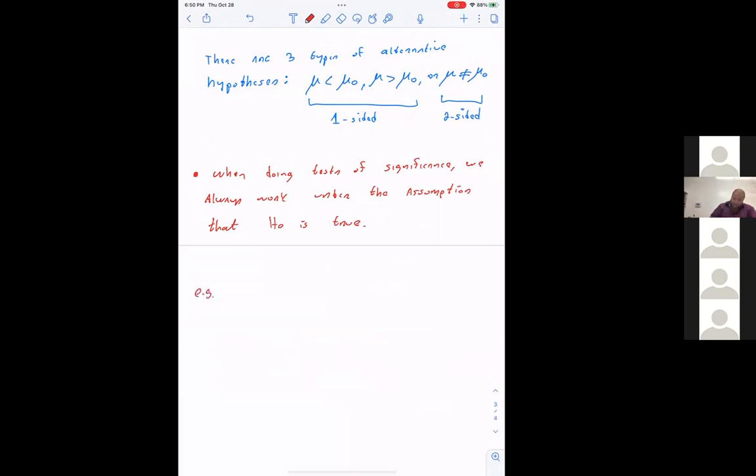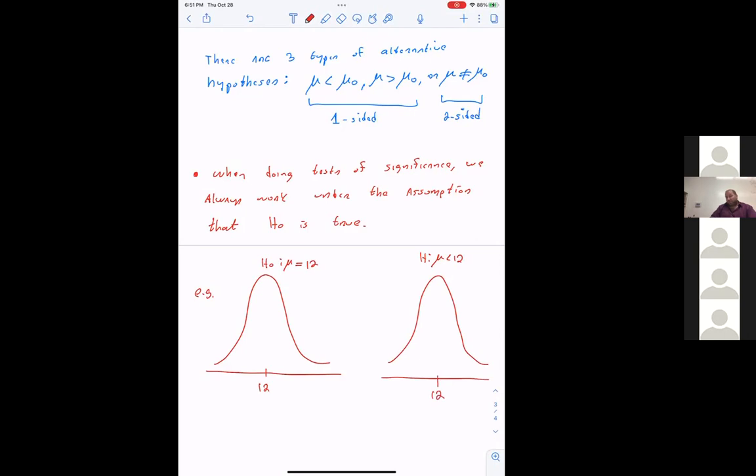Now, the null hypothesis claims that the true value is 12, mu equals 12. But I believe that mu is less than 12. I'm still going to work under the assumption that the null hypothesis is 12. But where would I get results that would make me question the null hypothesis in this case? Where on my curve would I question the null hypothesis based upon the results of my sample?